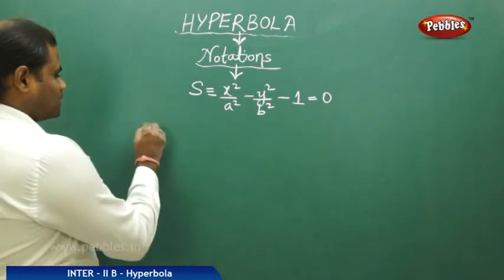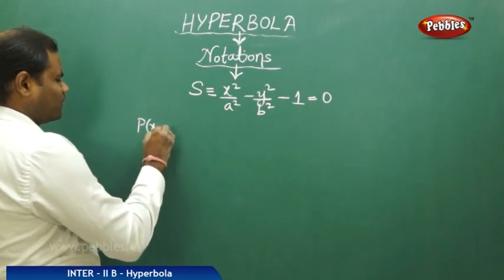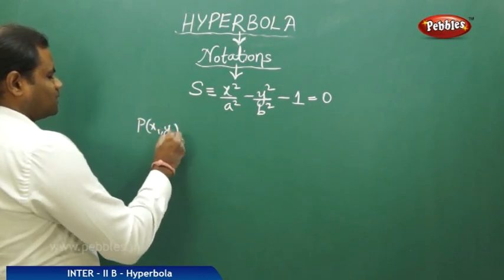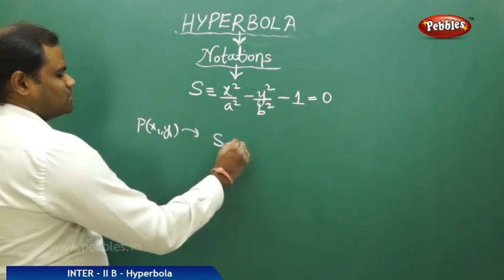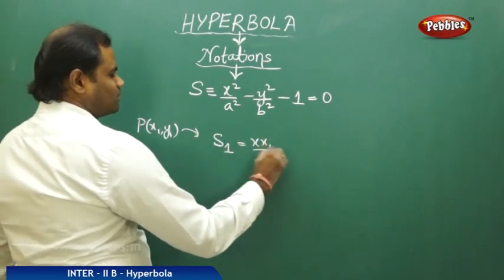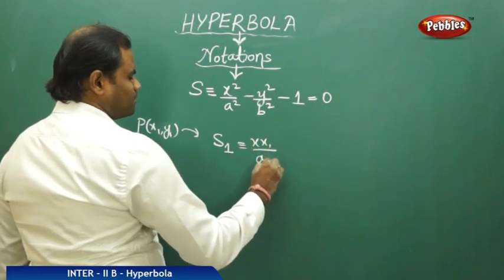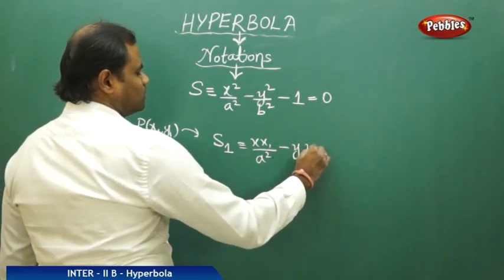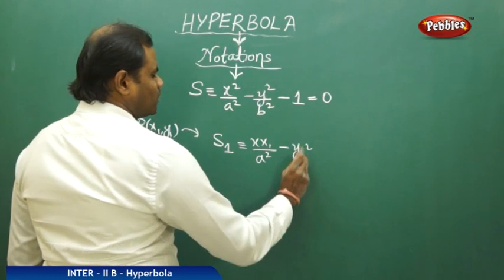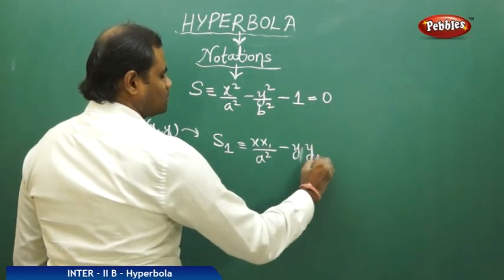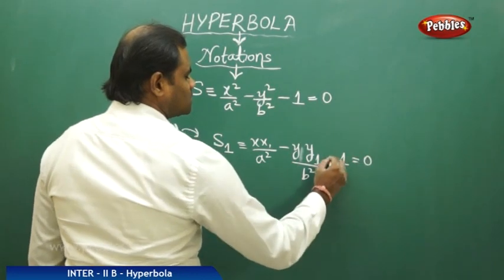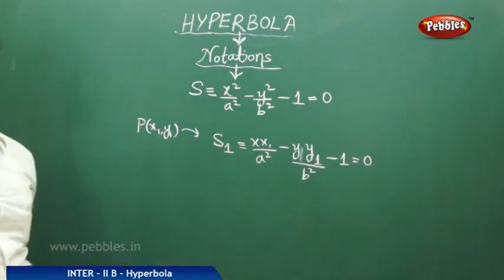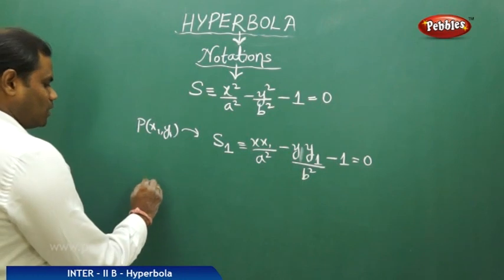Now in this, if I take the point P x1 y1, then its corresponding S1 is defined as x1 by a squared minus y1 by b squared minus 1 equals 0, is what we get for x1 y1.